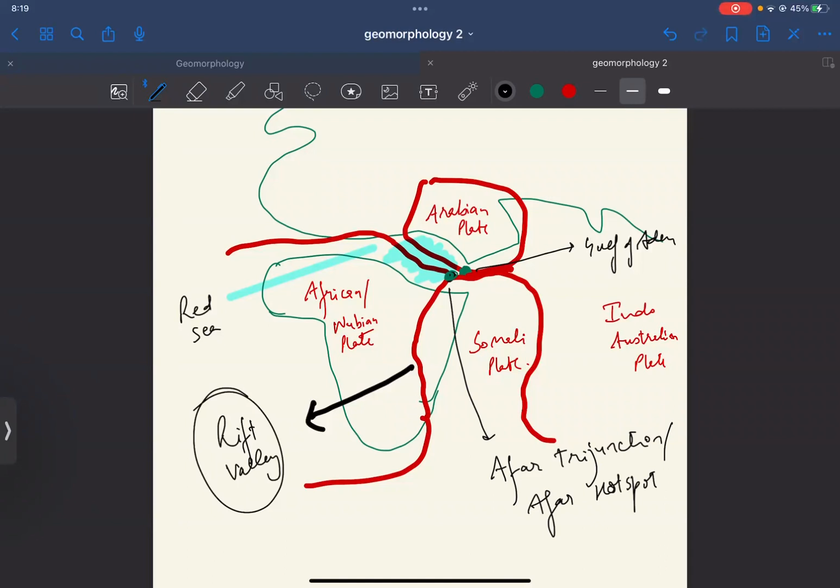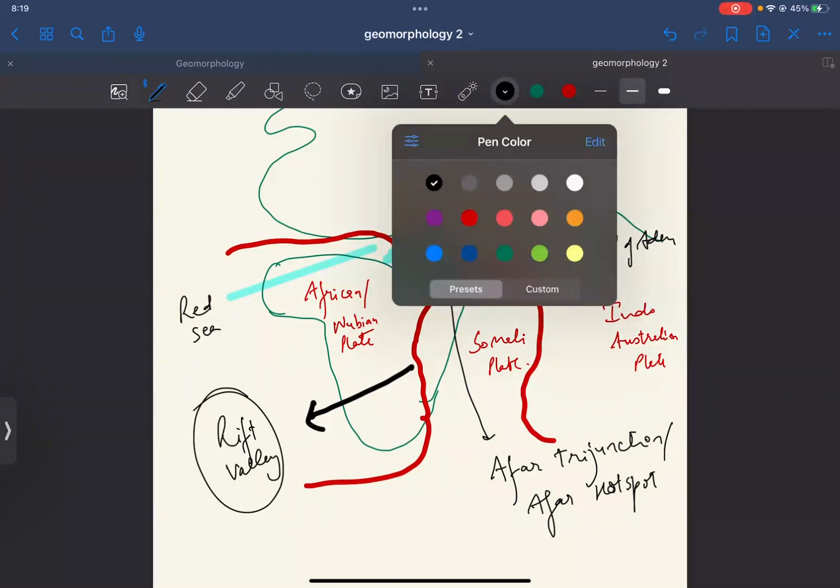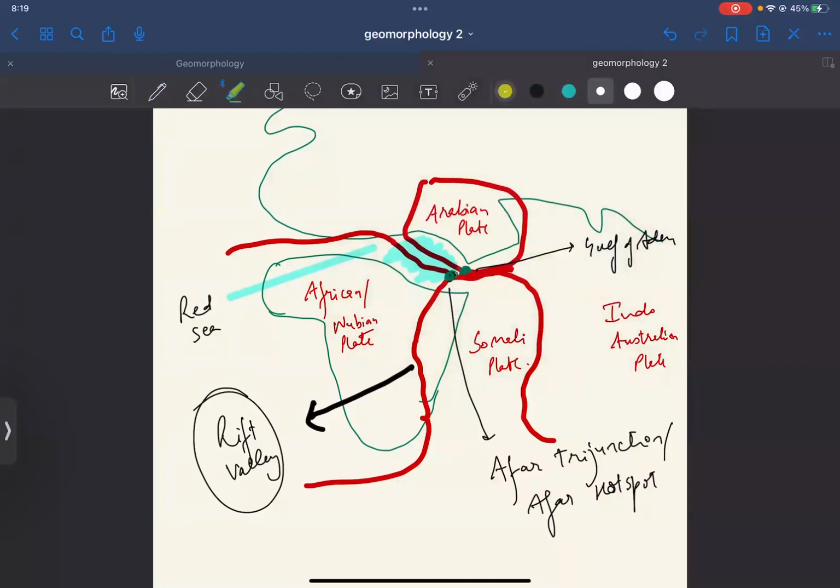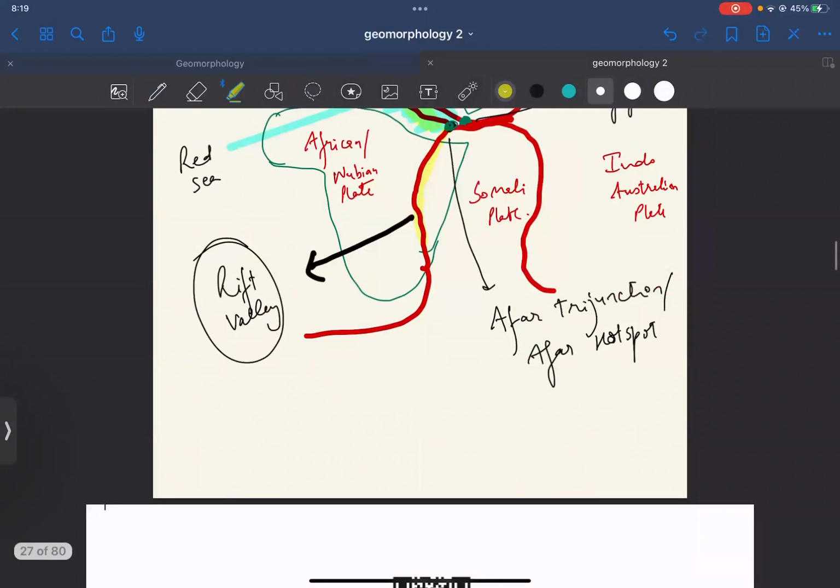So where is this rift actually running from? Let's see where it extends from. Here we have the Dead Sea, Red Sea, and it is moving into the Africa region. It is moving along from the Dead Sea.